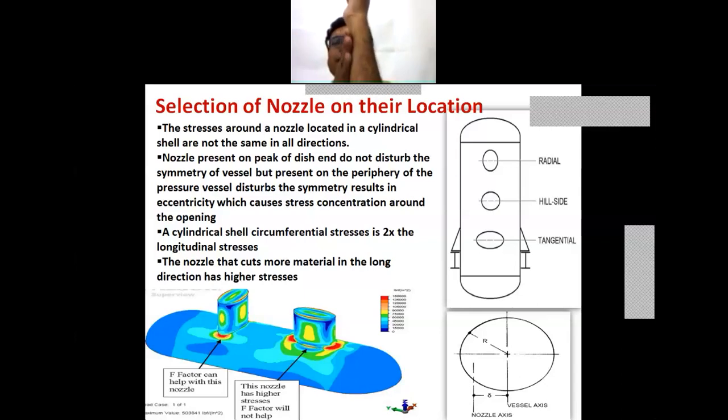On this surface, the stresses will be more as compared to this surface. So the attachment of different nozzles or pipes to a vessel disturbs the symmetry.